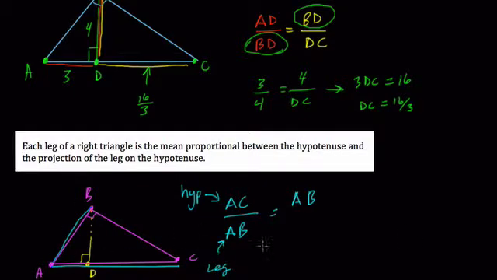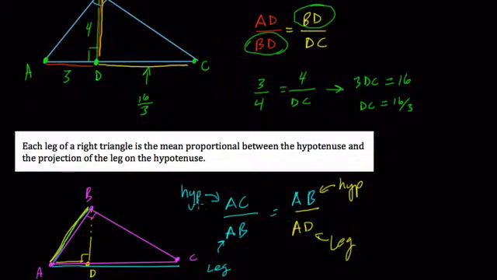AB is a leg of the largest triangle, but then AB is also the hypotenuse. So this is the hypotenuse. And for this triangle over here, so AB to, again, AD, that's a leg. So it's hypotenuse to leg, the same as the ratio over here, the hypotenuse to the leg. And we can look at it in other ways.